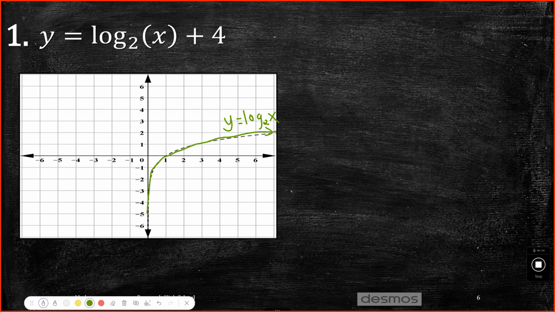And I'm just going to tell you to use this focal point right here because it crosses the x-intercept, and then you know how it goes. Then you can just draw it. It's a rough sketch of it, no?